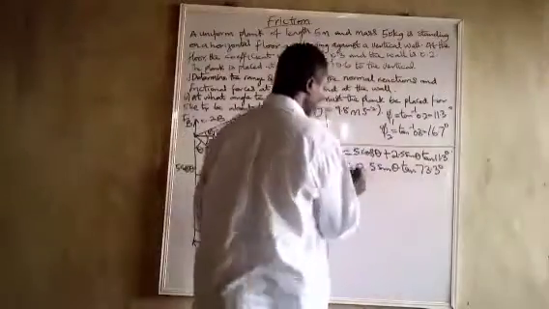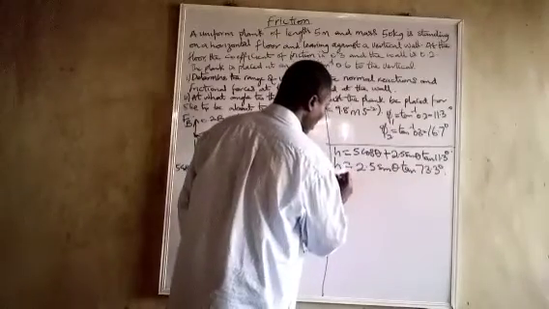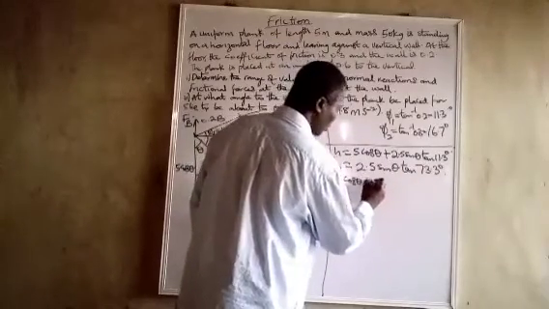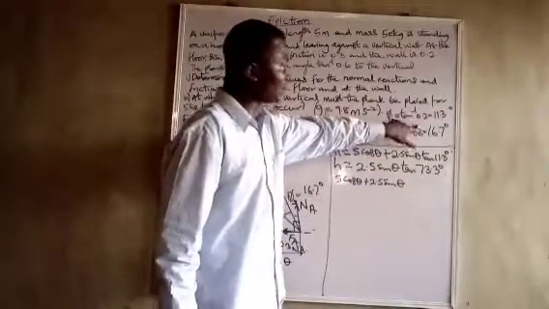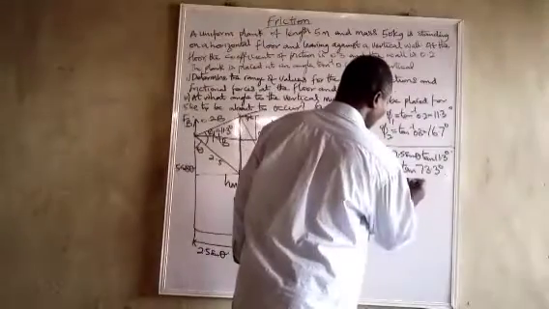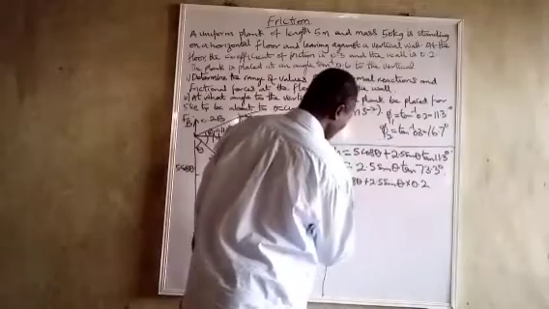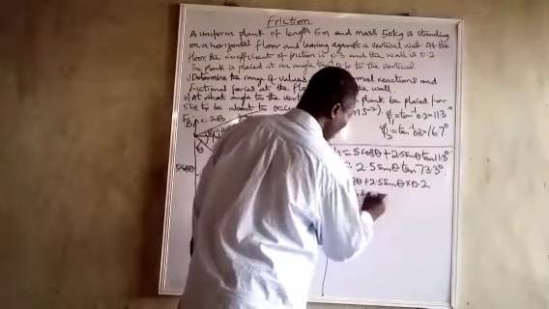So now let us equate these two. I have 5 cos theta plus 2.5 sin theta. Let me put in this value back for tan, times 0.2, is equal to 2.5 sin theta.